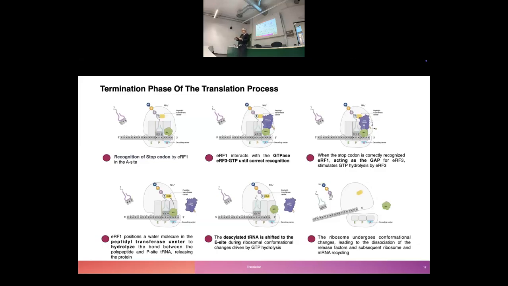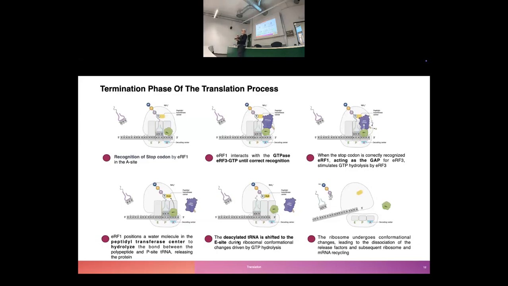And the termination corresponds to a codon that doesn't code for any tRNA. There's no anti-codon. There are no tRNA with a complementary sequence with respect to the stop codon. And more precisely speaking, we shouldn't call those stop codons, but it would be more correct to speak about stop signals.